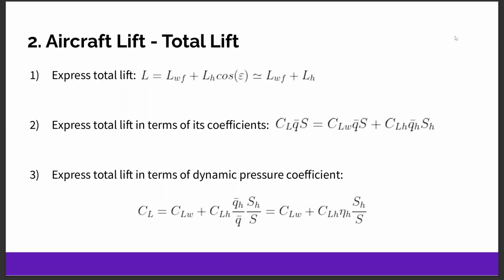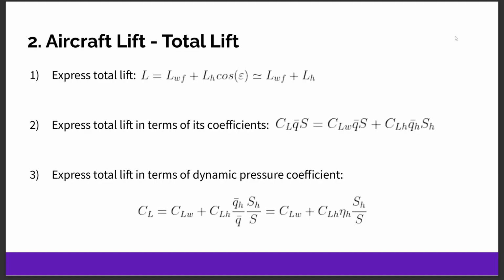And this is what you see at the top. You see that the total lift is equal to the lift of the main wing plus the lift of the tail times cosine of epsilon. And there's an additional simplification that's being made here, and that is epsilon is very small, so the cosine of something very small is equal to 1.